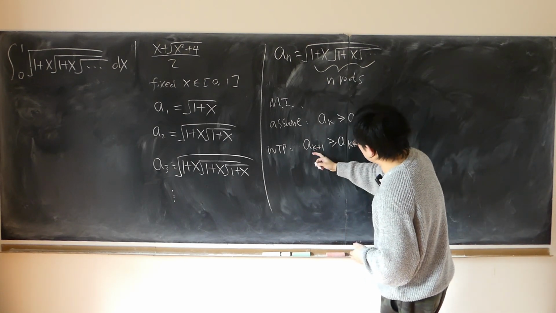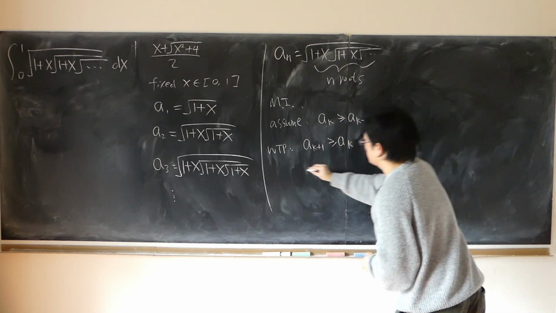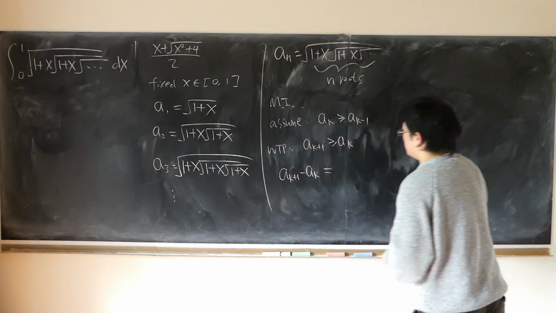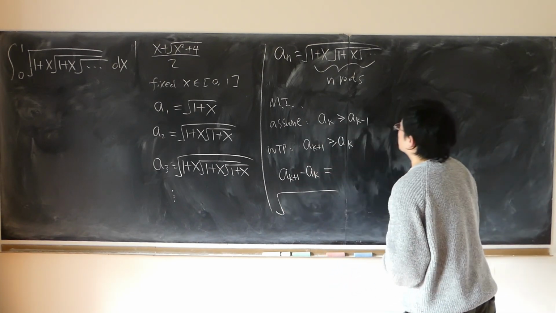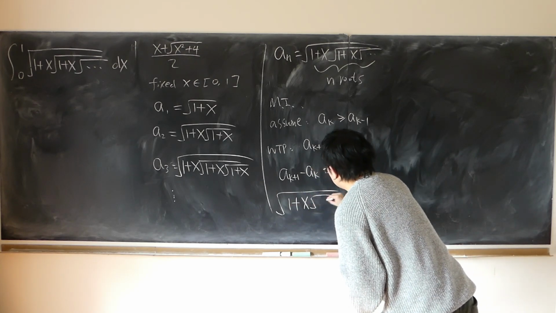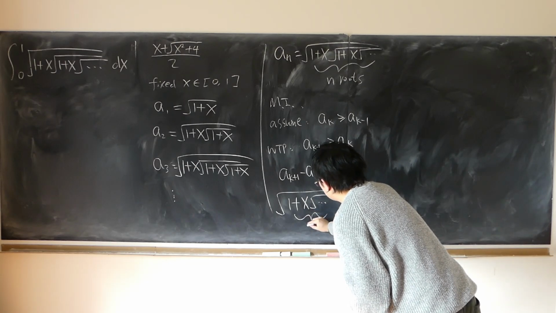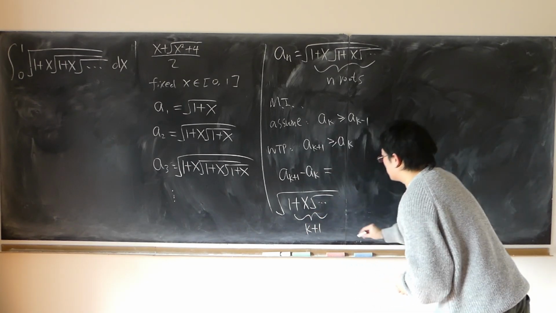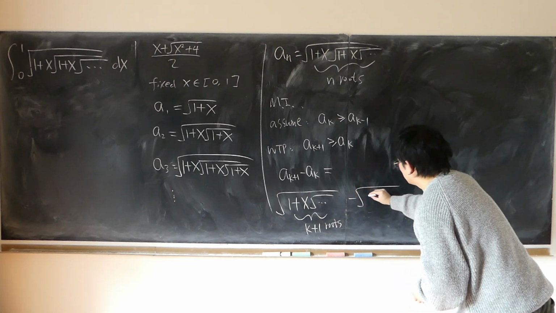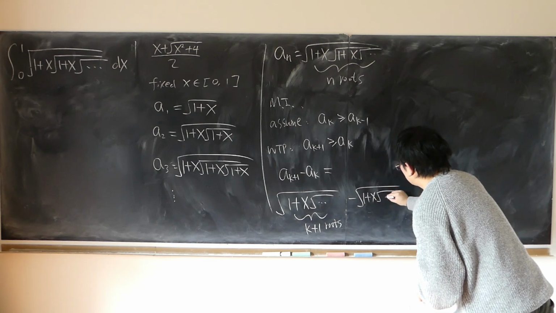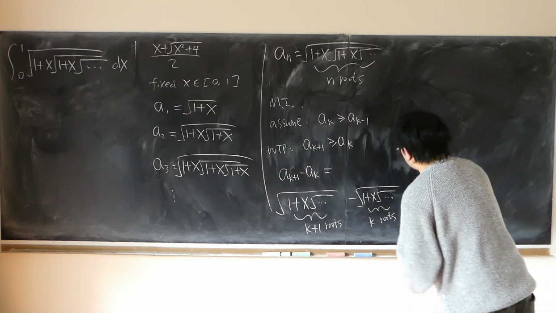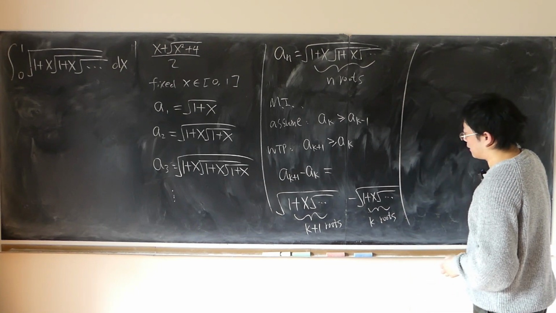Likewise, this minus that equals what? That is equal to 1 plus k plus 1 roots, minus 1 plus k roots. So what is that equal to?